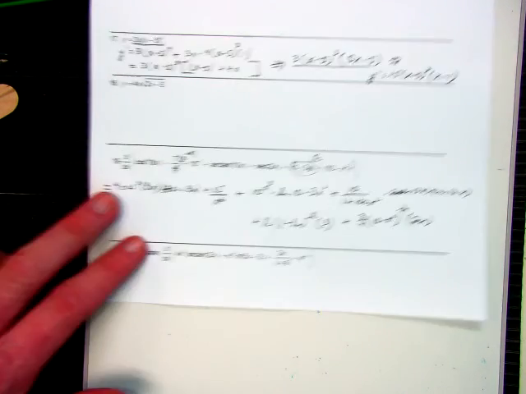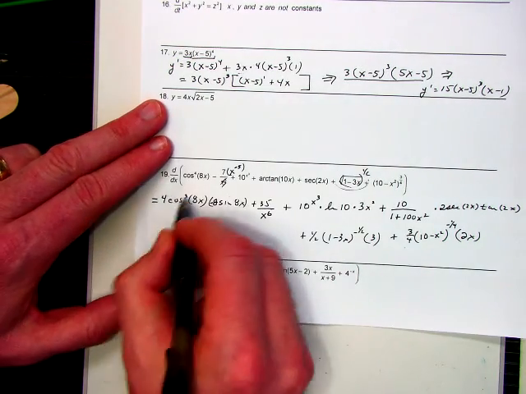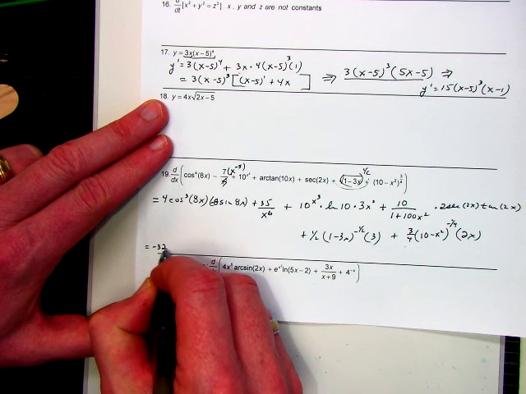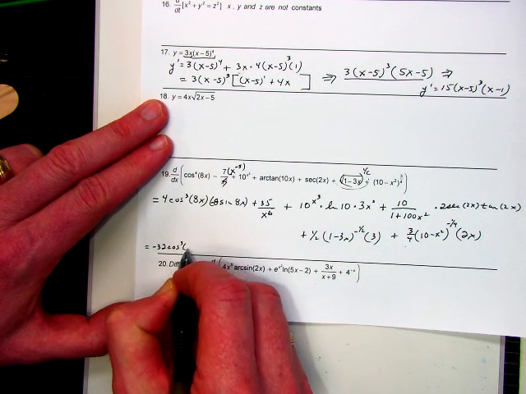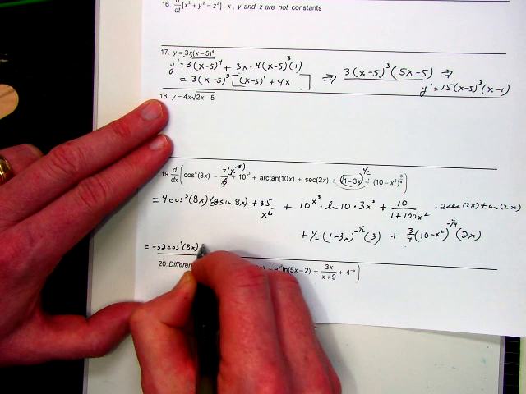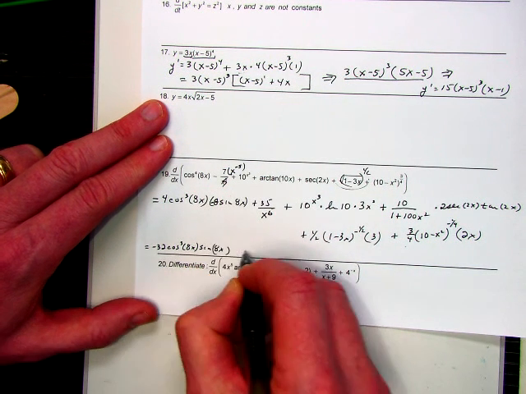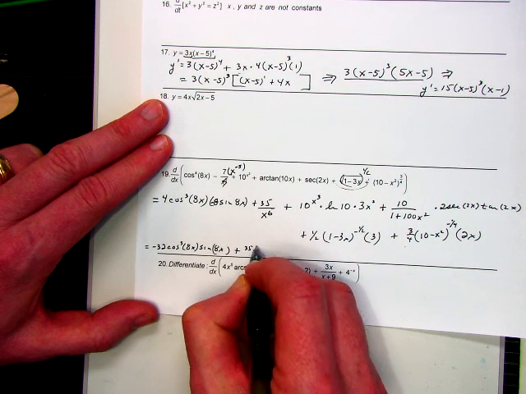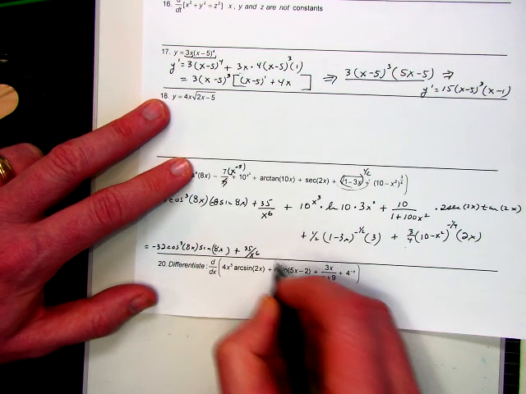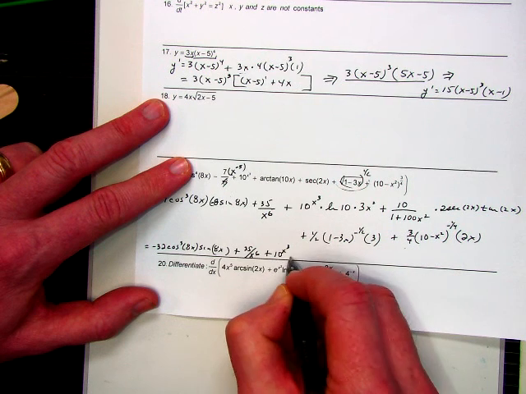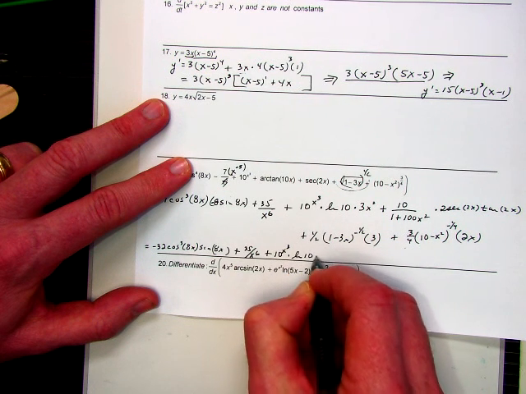Okay, a little cleanup to do. It's going to be a little bit long, so I get negative 32 cosine cubed of 8x sine of 8x plus 35 over x to the 6th plus the 10 to the x cubed natural log of 10 times 3x squared.